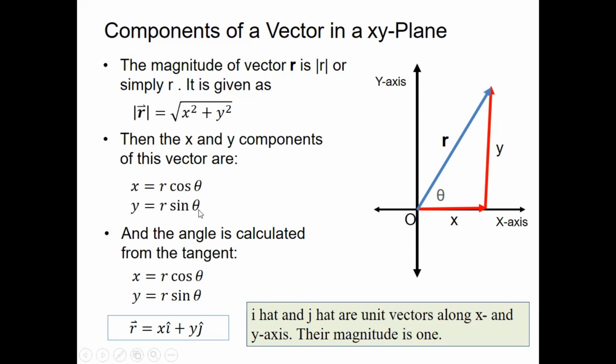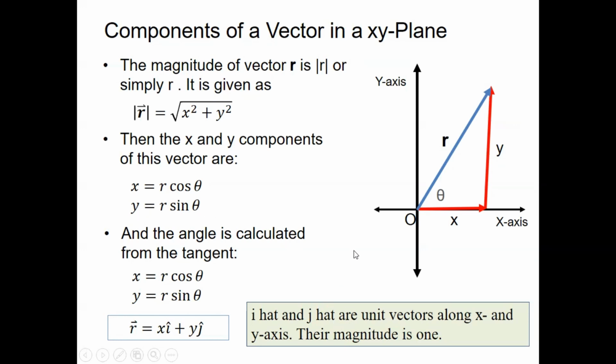This is really obvious from trigonometry: cos is the base divided by the hypotenuse, and sine is the perpendicular divided by the hypotenuse. So the angle can then be calculated using the ratio of these two. If I take y divided by x, I get tangent theta, and r gets cancelled, so y divided by x will give me the angle.